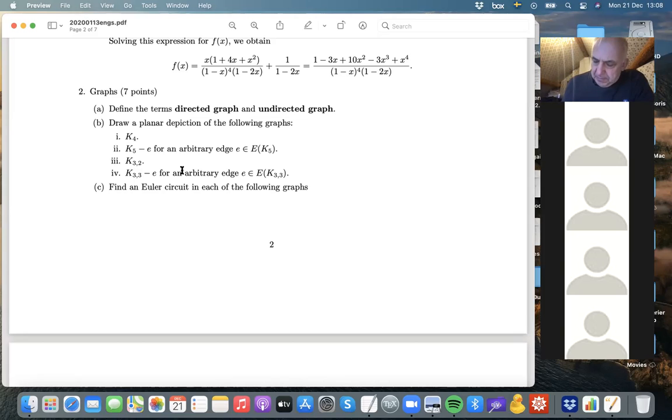We had this Kuratowski theorem, which was a criterion for when a graph can be realized as a planar graph. The result was that as soon as your graph contains a copy of K5 or a copy of K33, it's not planar anymore. And the graphs which are listed here are still planar.